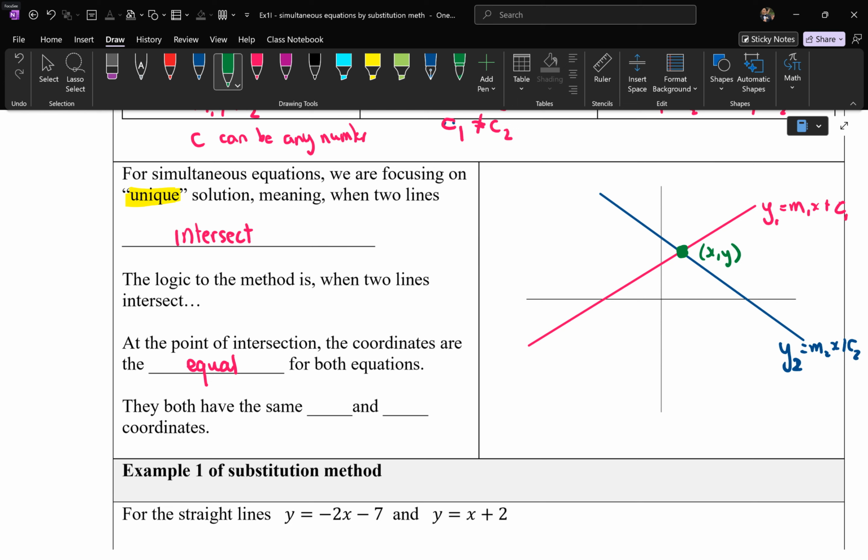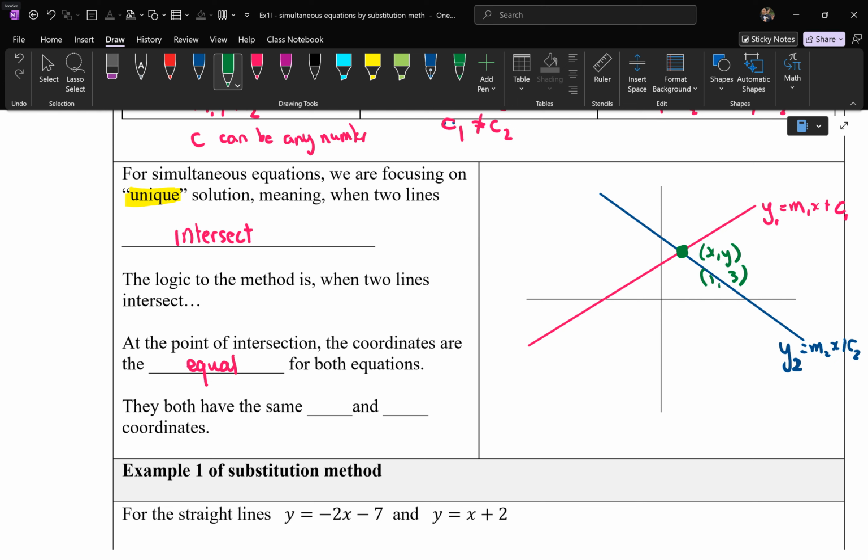And this is key. This is powerful because that's where the theory comes in, and why the elimination method works and why the substitution method works. Even though both lines have different equations, at this one point, and only that one point, both x coordinates are the same. So if this point here was (1, 3), for example, it means that you can sub 1 into equation 1, and the result should be 3.